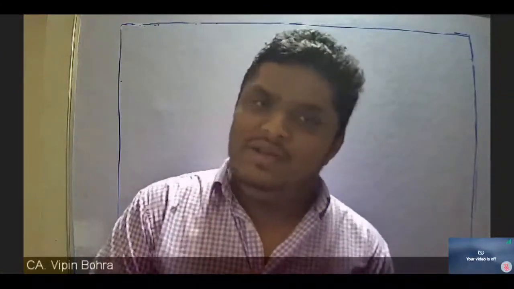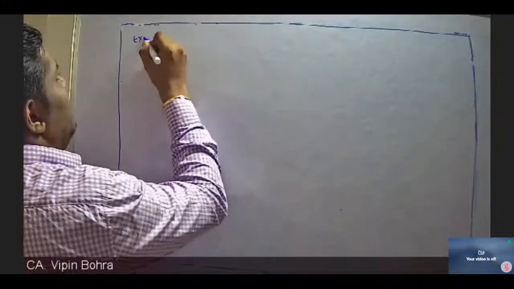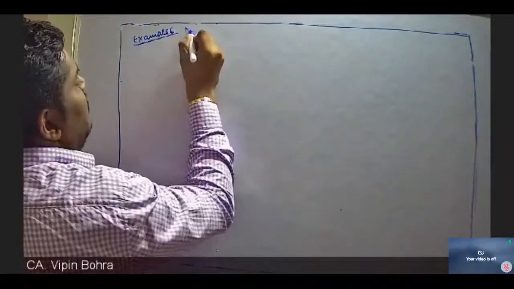Calculate the net operating income per flight. So now they are not asking to prepare a cost statement. They are just simply asking to prepare the net operating income per flight. So let's start. Example number 6 of my notes.